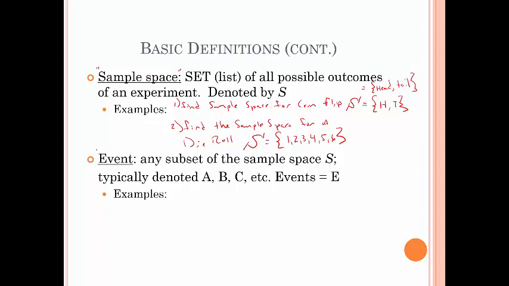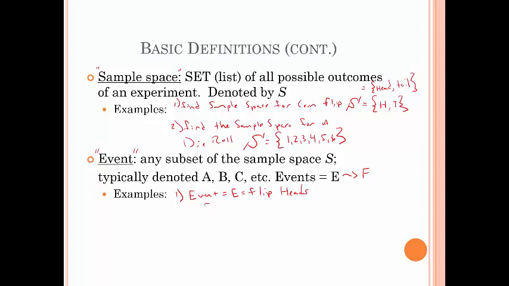And what we're going to be interested in is the probability that a specific event occurs. So an event is any subset of the sample space S. It's typically denoted with the letters A, B, C. In my class, I'll always denote it with the letters E or F. So for example, let's talk about the event, we'll call it E, of flipping heads.